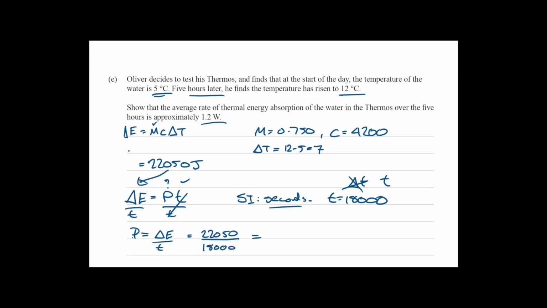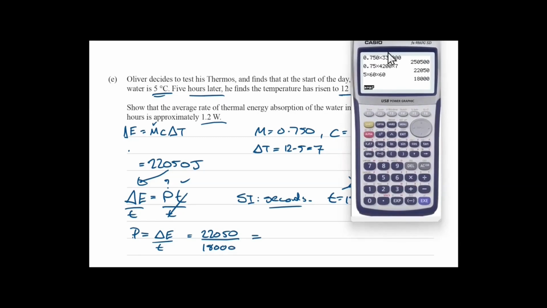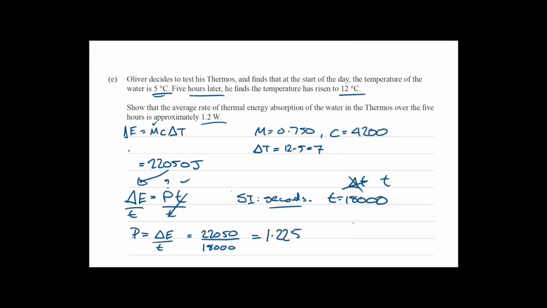And now we can put it in the calculator. 22,050 divided by 18,000 is 1.225. And that's going to be watts. So comparing that, it's going to be equal to 1.2 watts at one decimal place, or two significant figures.